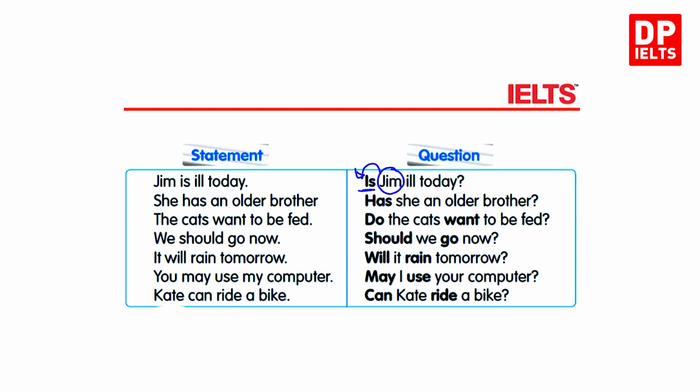So இதை நாங்க question மாத்தும் போது is will come to the front. Is Jim ill today? Is வந்து முன்னாடி வரும். Is Jim ill today? Right? So இதில் பார்த்தீங்கன்னு சொன்னா ஸ்டேட்மெண்ட்ல இருக்கிற சப்ஜெக்ட் என்ன? ஜிம். அதுதான் முதல்ல இருக்கு. அப்புறம் ஹெல்பிங் வேர்ப் இஸ் இருக்கு. பட் அது கொஸ்டினா மாற்றும் போது ஹெல்பிங் வேர்ப் முன்னாடி வந்து சப்ஜெக்ட் அதுக்கு அடுத்தபடியா போகுது.